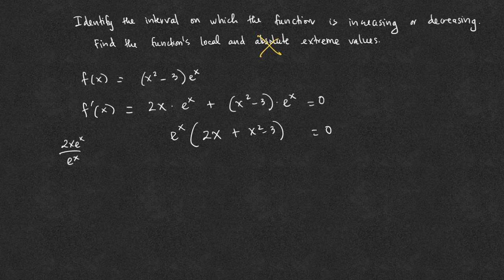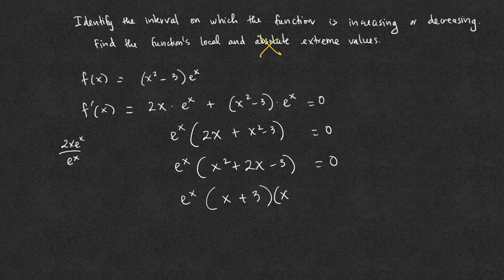Inside the parentheses is a quadratic: e to the x times (x squared plus 2x minus 3) equals 0. And so we can factor it further: e to the x times (x plus 3) times (x minus 1).